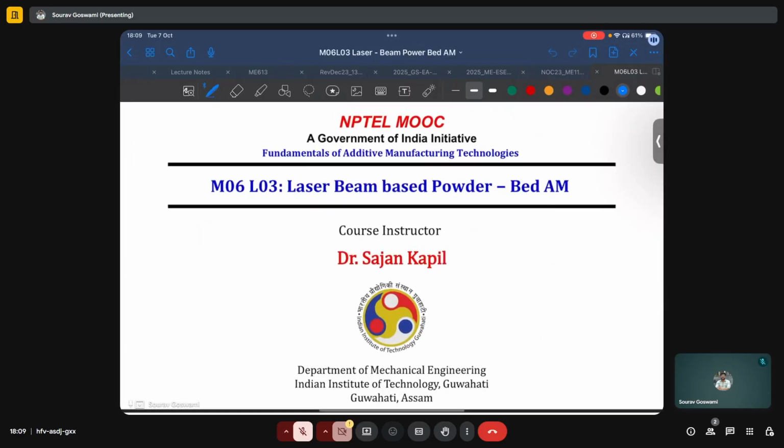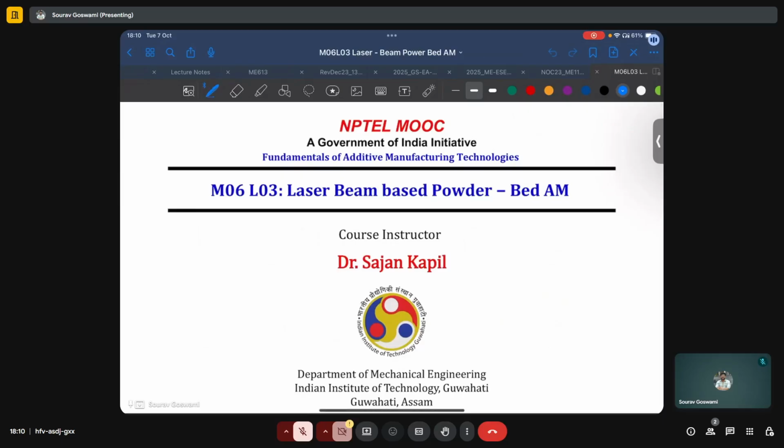During the course of this session, we have looked at several additive manufacturing technologies, and now we are near the conclusion of this course. In fact, this being the penultimate week. We have been following categorization of the process based on the feedstock morphology or feedstock type, and we have already dealt with liquid feedstock based AM processes, sheet feedstock based AM processes, then wire based AM processes, and we are currently dealing with powder based AM processes.